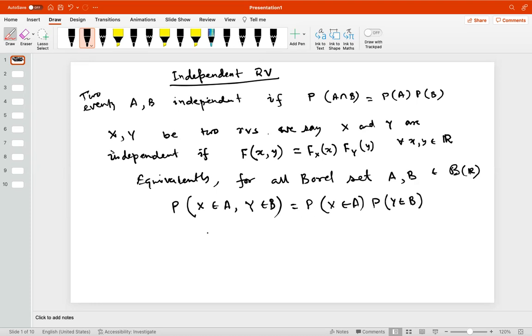That is, X inverse of A and Y inverse of B; the probability of X inverse of A, that is the event X belongs to A. So this is equivalent.